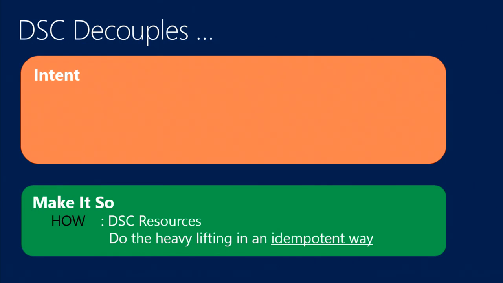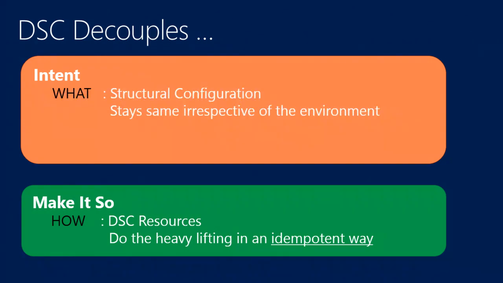That is, you apply it over and over again and it does not have any unintended consequences. And then the intent is separated into the what, or what we call the structural configuration. I need IIS, I need ASP, I need my website contents deployed, and so on, right? That's the what part of it.